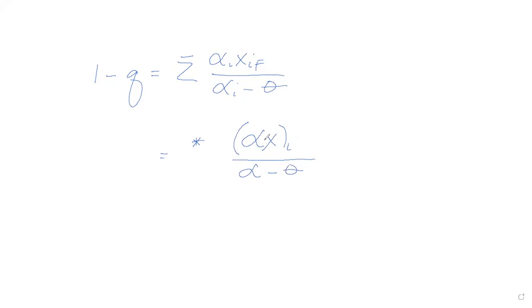This one means that you're going to get the product of the alpha and the mole fraction of the low boiling point component in the feed. So this is for the feed. So we'll have another fraction here which consists of alpha and xF, but this time for the high boiling point component, divided by alpha minus theta.